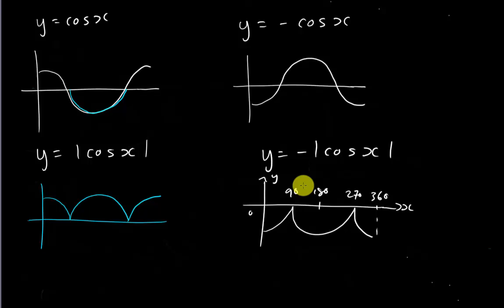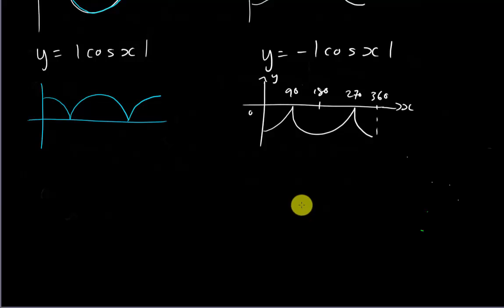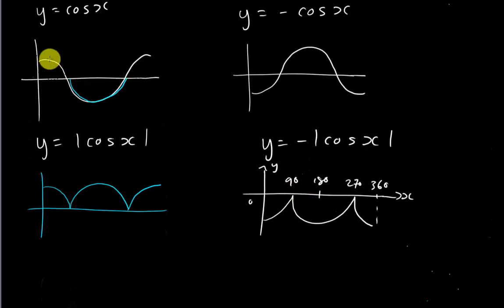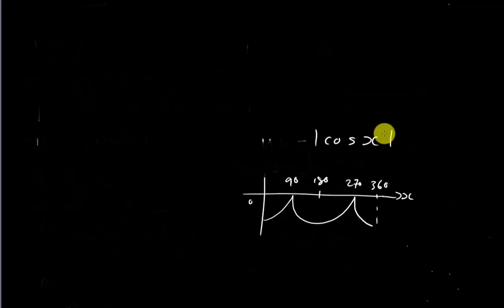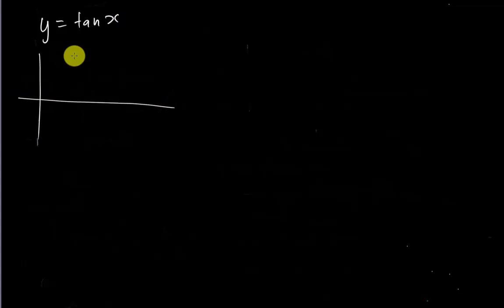Okay, so then we go to the tangent. Let me just erase here. The tangent is the same also. So for the tangent, let's say y equals tangent x. If I want to sketch the tangent graph quickly, the tangent graph will look like this.